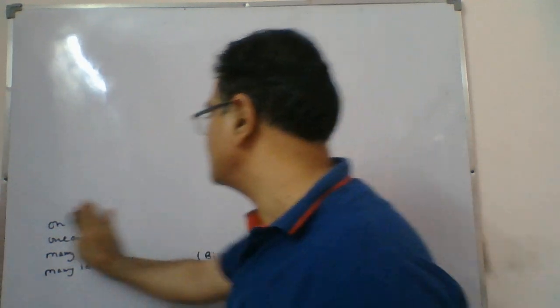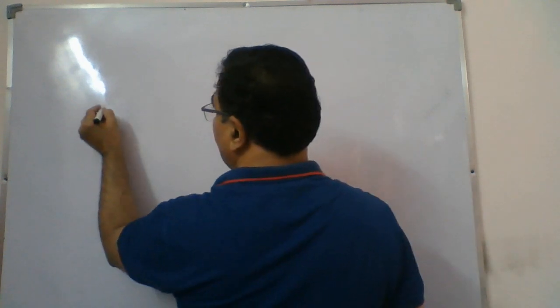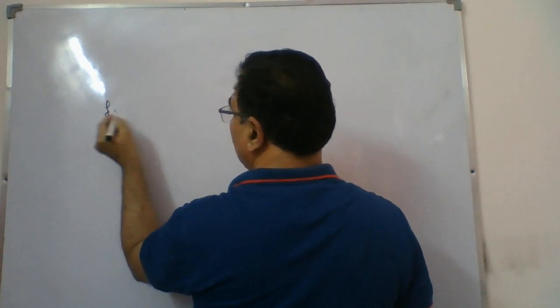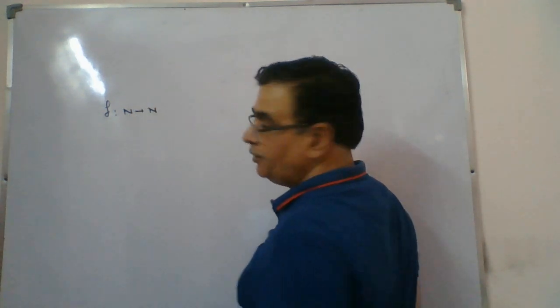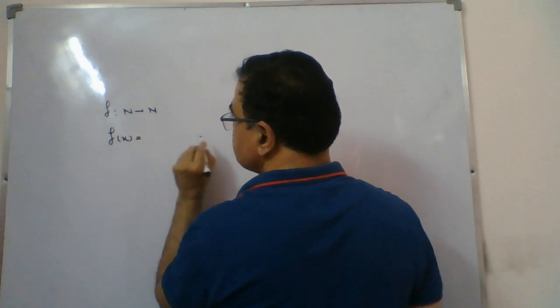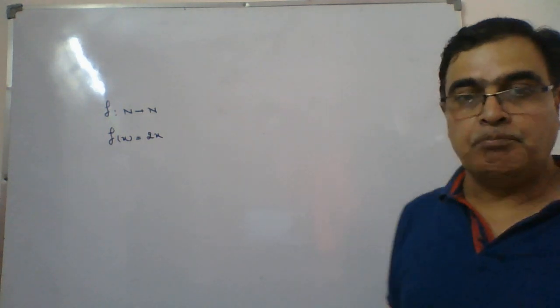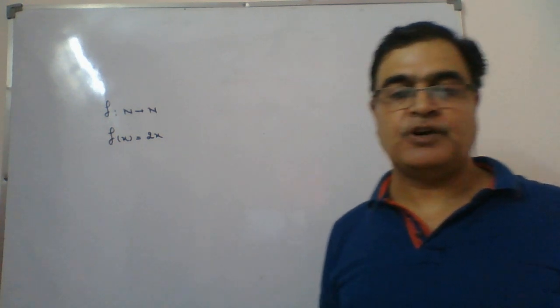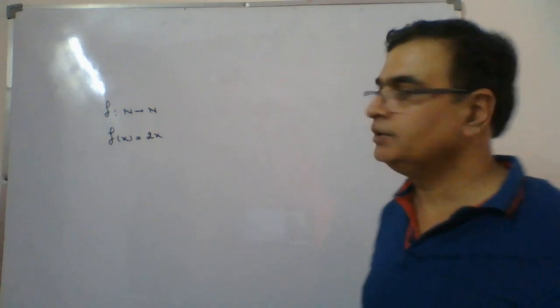f(x) is one function given here. The function f is given from natural numbers to natural numbers, and f(x) is 2x. My question is, check whether this function is one-one, onto, or a bijection.